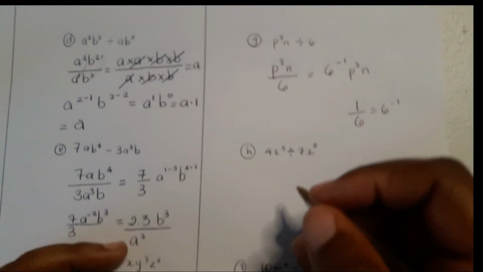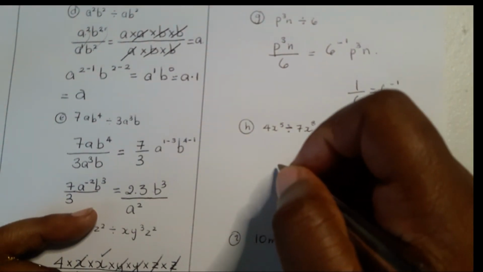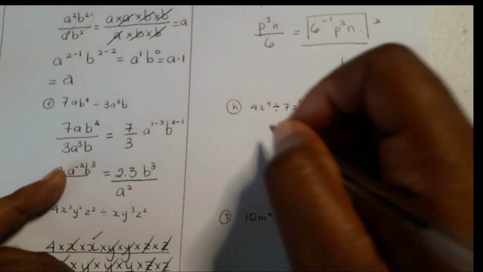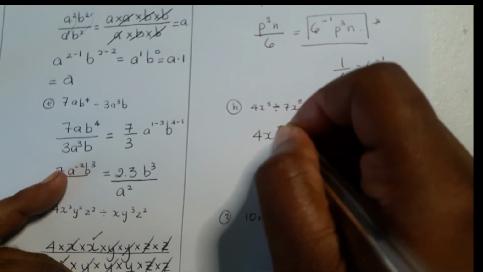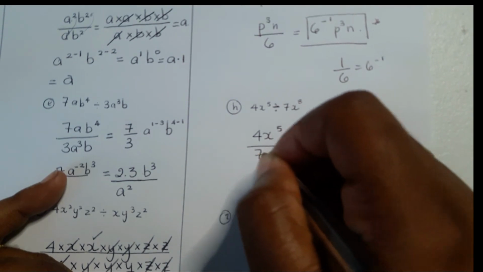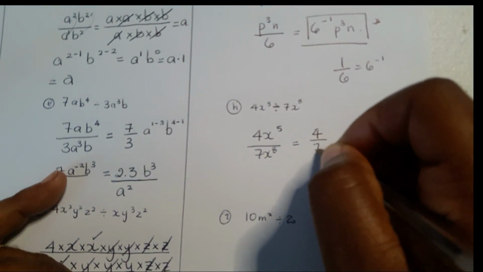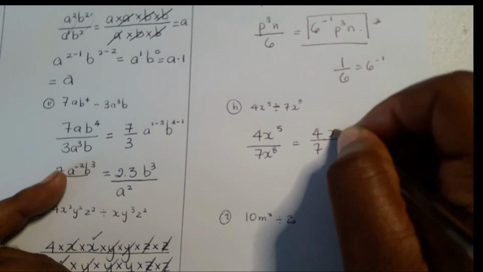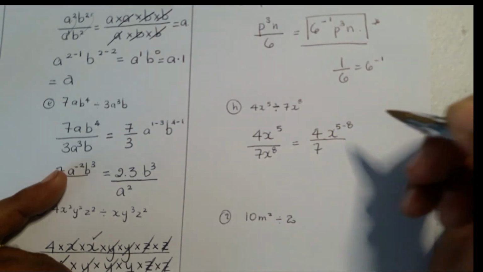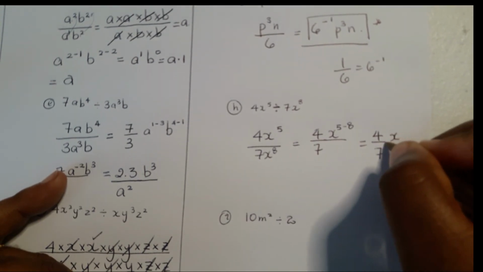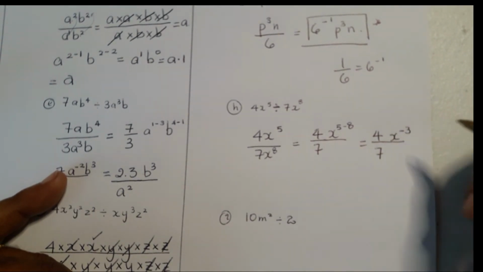Now, here we have 4x to the 5 over 7x to the 8. So you could say 4 over 7 x to the 5 minus 8, 4 over 7 x to the minus 3.